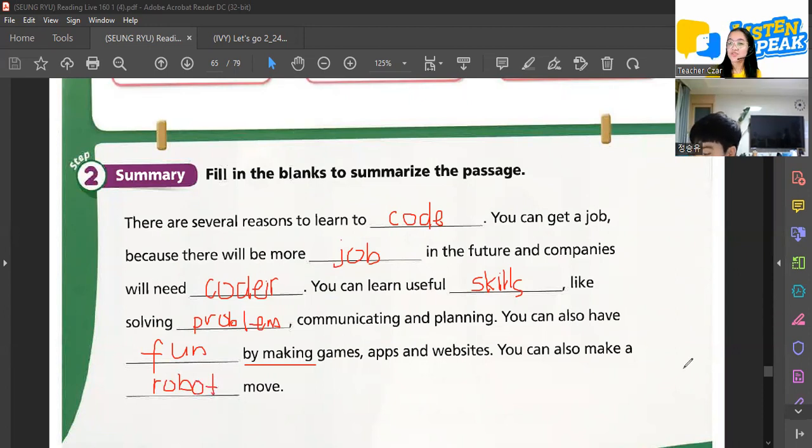So now let's review this one. Once again, Sanrio, what do you call those people who know how to code?